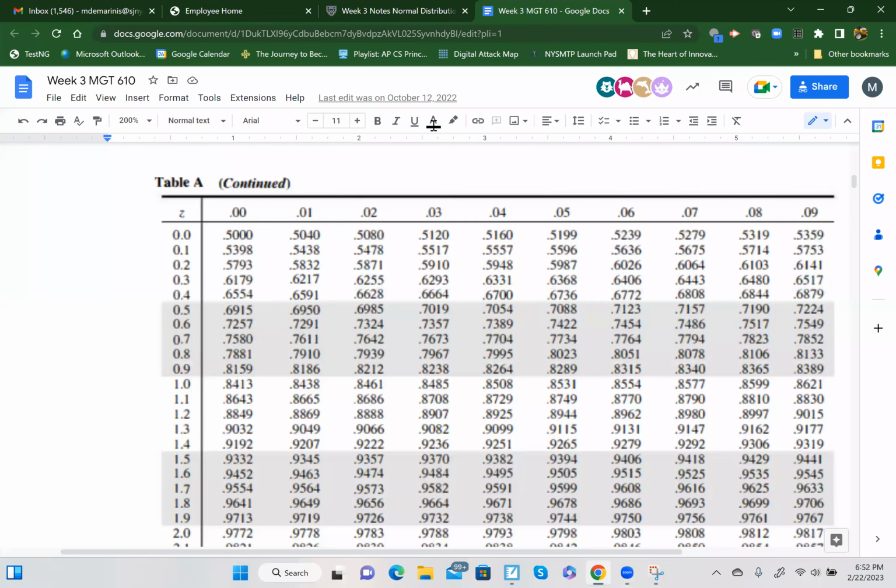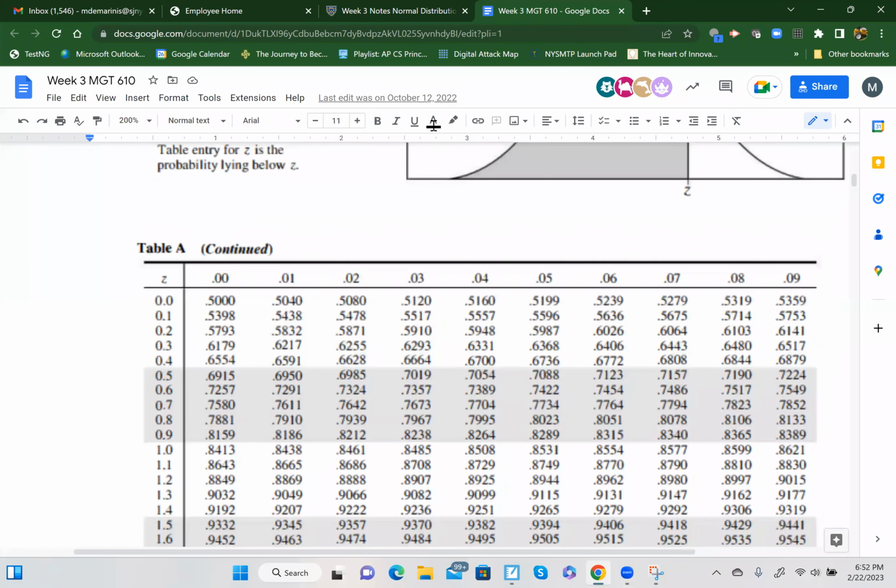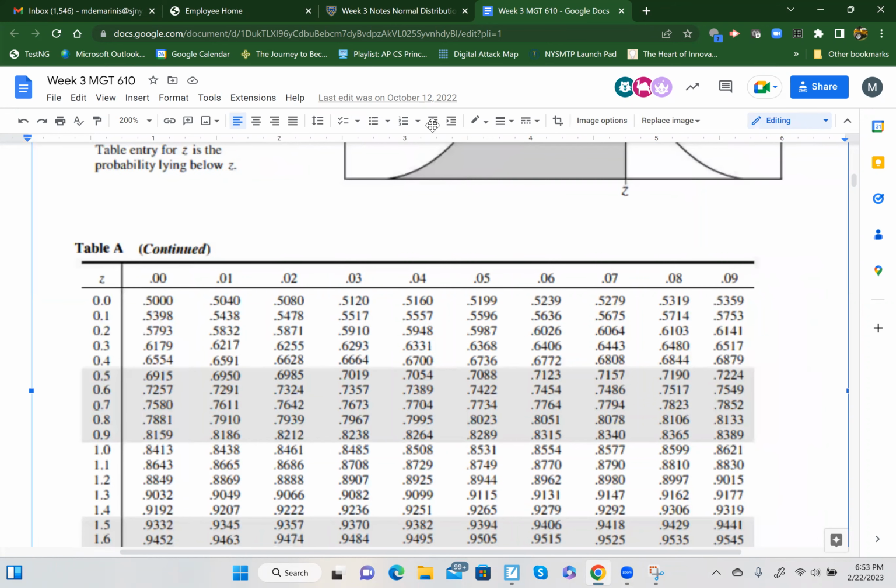I'm going to take the 1.6 and line it up with the bottom of my screen. And then I'm looking for 03 on the top. So I can see the 1.63 is right there. You can see my mouse is highlighting the 1.6, and then the 03 is up here. And if I go down, I see 0.9484.